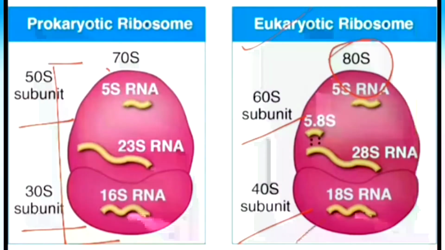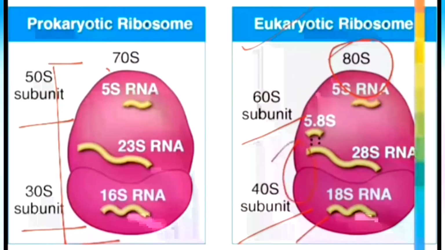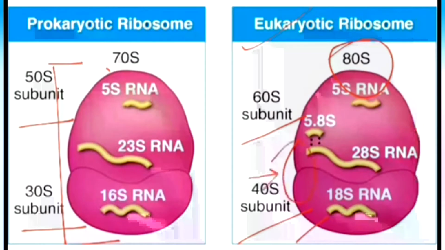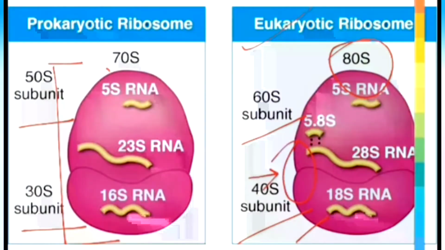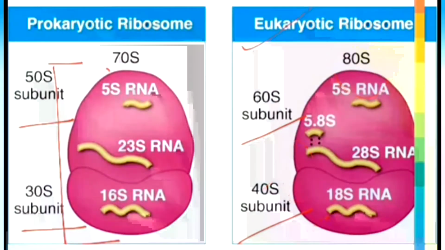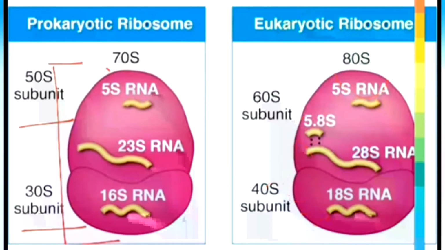The smaller subunit is located a bit within the larger subunit. Here you can see that the smaller subunit is a bit inside the larger subunit, where a portion of about 20 units is getting lost, and thus we are getting 80S and not 100S.